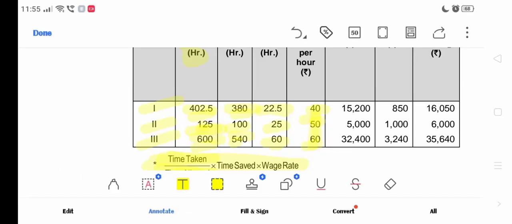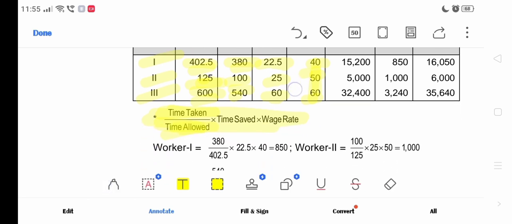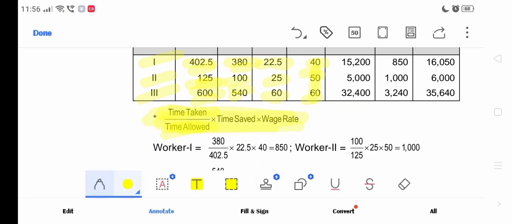Now we are going to add the normal basic earnings plus bonus. This I already told you, this is the bonus part only, but they are also going to pay the basic pay along with the bonus. For the bonus part under Rowan you have to see this, but basically they'll pay the guaranteed hourly basis, no? So what is the guaranteed hourly basis? 380 hours they have worked.